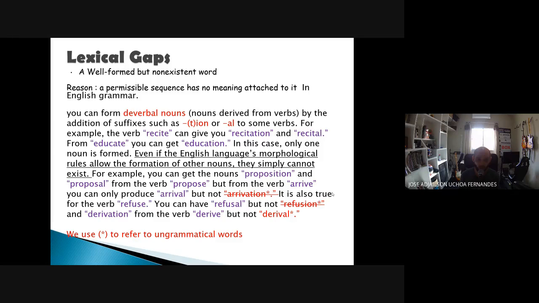So in this case, we have two processes of word formation involved: prefixation, to mean not by means of the prefix in-, and suffixation by means of -al, meaning related to.